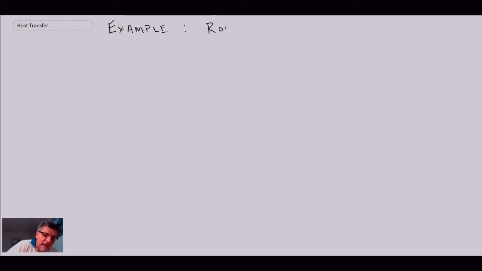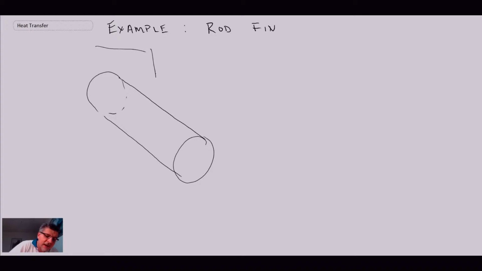So we're going to be considering an example of a rod fin. And what a rod fin is, it's a fin that has a round cross section. So if this was our fin, it would look something like that. This here is the base. And the base, recall, has temperature T base.